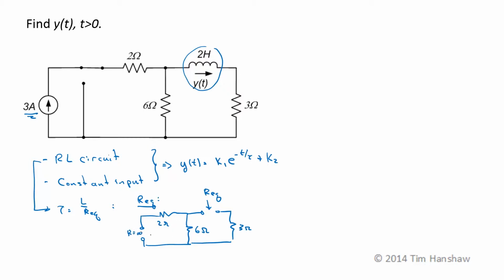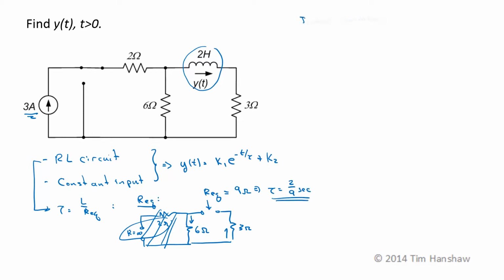This has infinite resistance, so an infinite resistance in series with 2 ohms is an infinite resistance, so no current goes through this leg here. So any current going this direction will also go through this resistor, so those two are in series, so Req is 6 ohms plus 3 ohms, or 9 ohms, and tau is equal to 2 over 9 seconds.